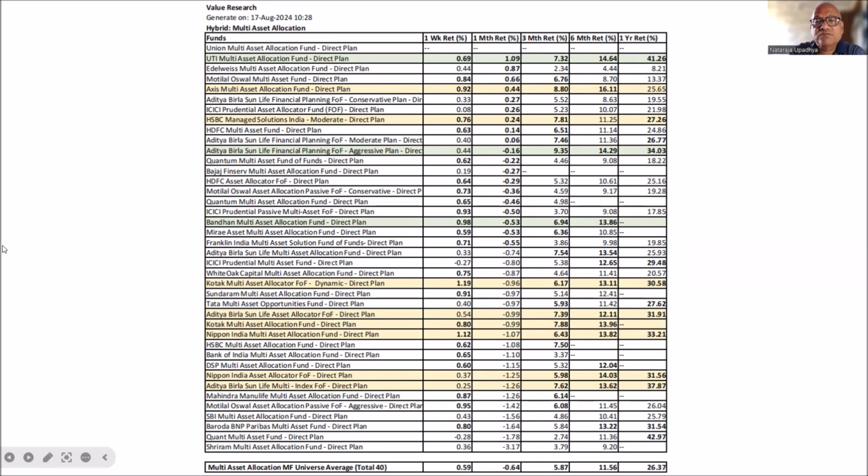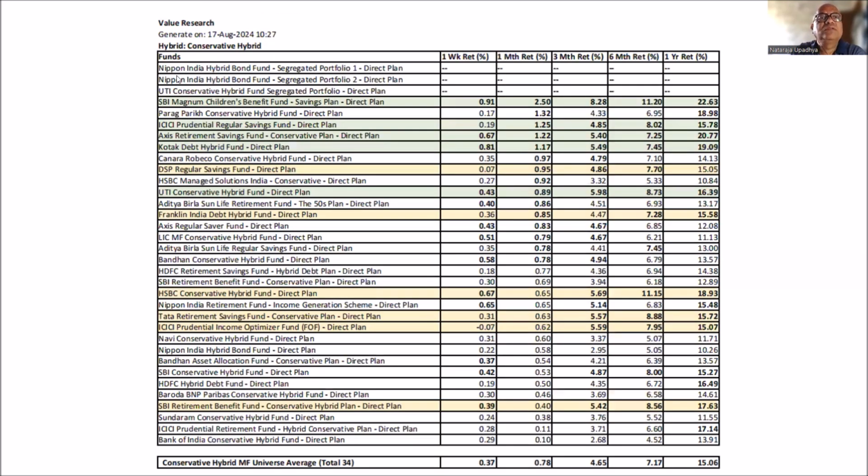And the bottom ones with negativity, but with high annual returns, are Aditya Birla Sun Life multi-index fund of fund, which is negative, but annual return is around 37.87. So this is the option of multi-asset allocations.